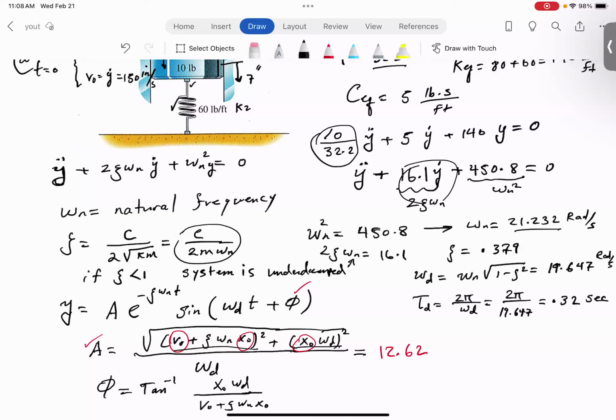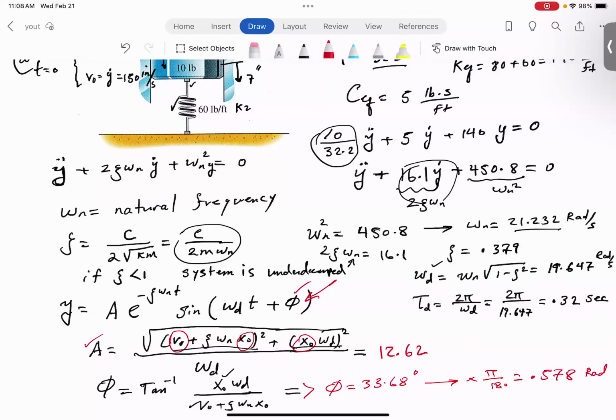So if you plug in all the numbers that we got, the damped frequency, natural frequency, x0 and v0, meaning 7 inches and 150 inches per second, phi becomes 33.68, or almost 33.7 degrees, which has to be converted, so multiplied by pi over 180. Usually in this equation, it has to be in radians. So that's about 0.578 radians.